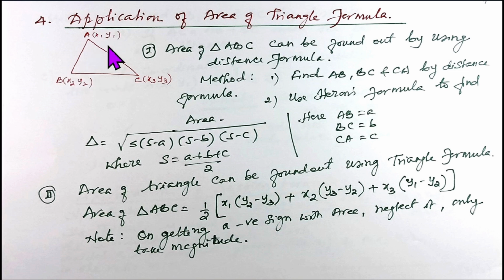Here please understand that there is a possibility of getting a negative sign with area, but remember the magnitude of area is to be taken. The negative sign only indicates whether the vertices are taken clockwise or anti-clockwise. Therefore take only the magnitude. If the negative sign comes, neglect it.